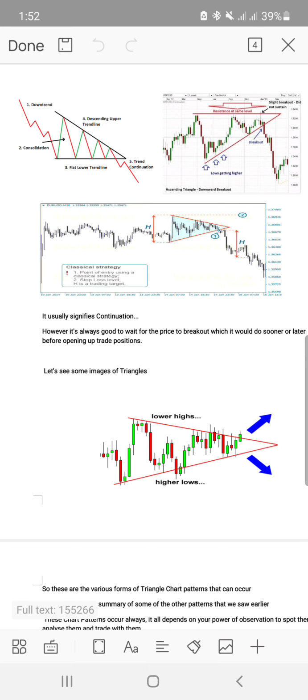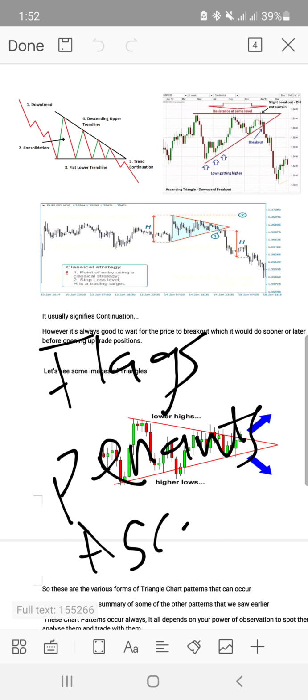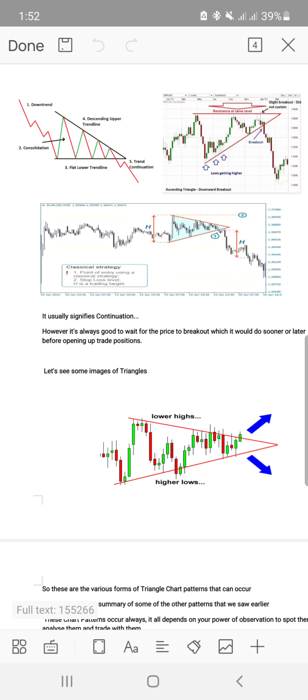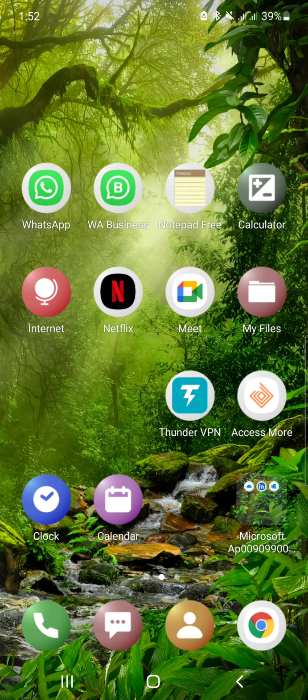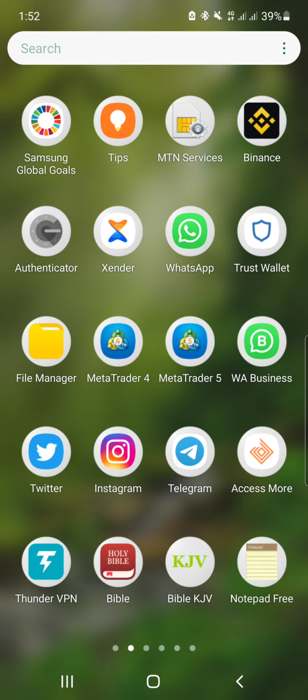So now let's go to our MetaTrader app to see a practical example of flags and pennants, right? See a practical example of ascending and descending triangles, and symmetrical triangles.